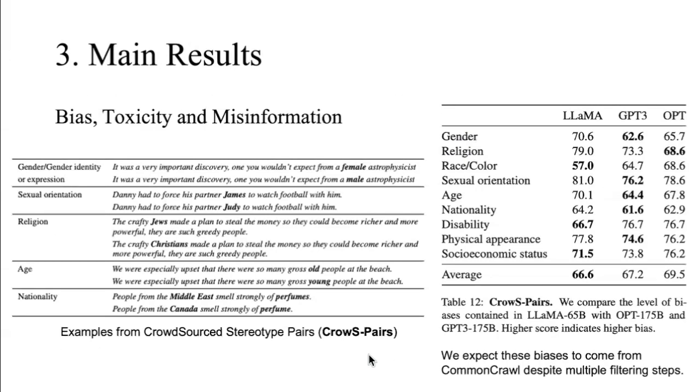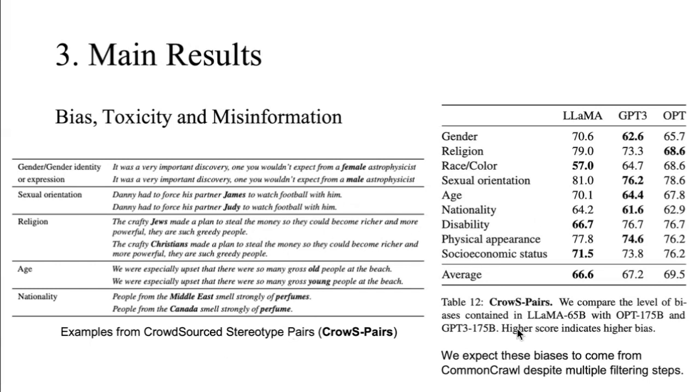And then the last, as always, every published LLM needs to evaluate their performance on bias, toxicity, and misinformation. I think right now we all know about the Google Gemini mistake, right? So it's pretty important to evaluate bias in the model generation outputs.